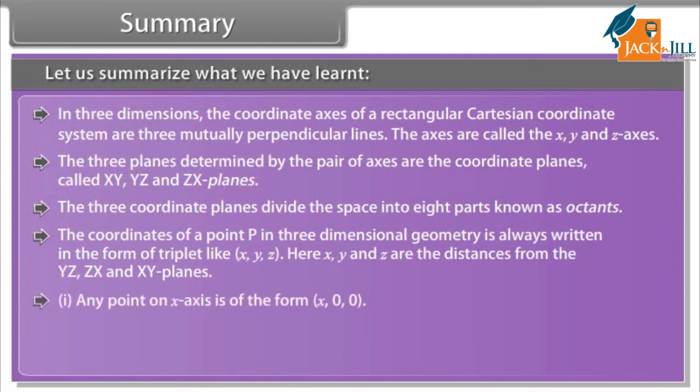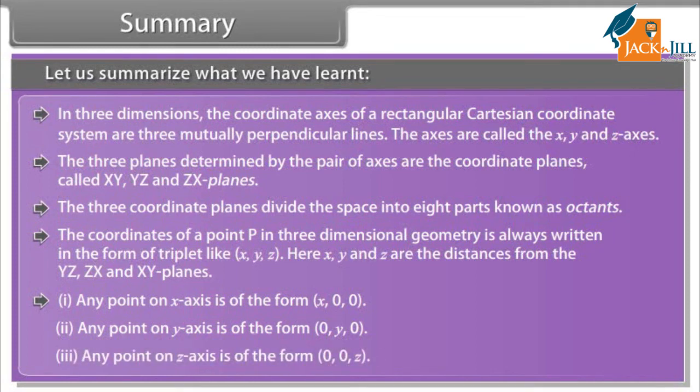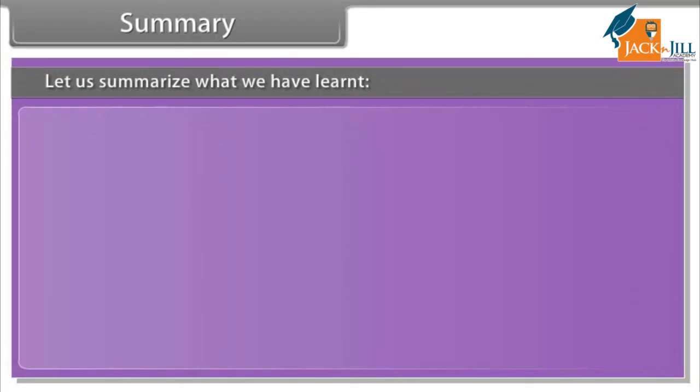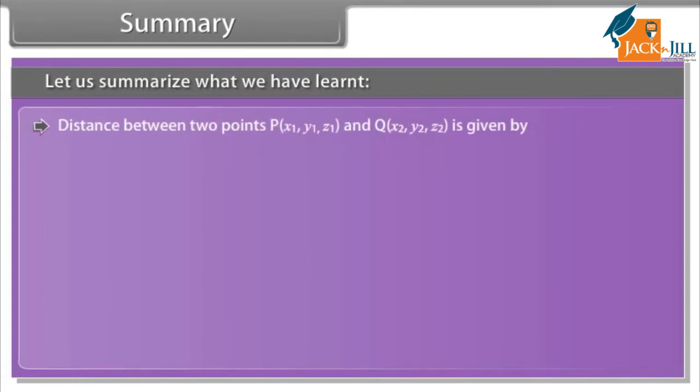Any point on the x-axis is of the form (x, 0, 0). Any point on the y-axis is of the form (0, y, 0). Any point on the z-axis is of the form (0, 0, z). The distance between two points P (x1, y1, z1) and Q (x2, y2, z2) is given by the distance formula.